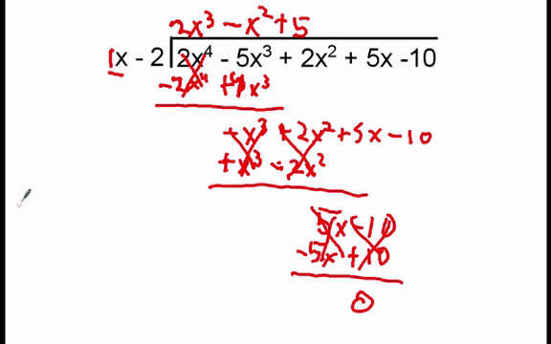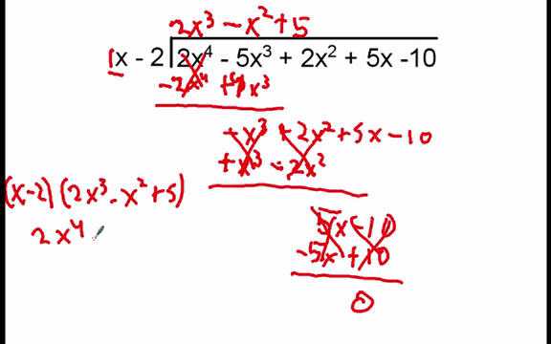All right. So just like the last problem, I can check my work by multiplying. So I say x minus 2 times 2x cubed minus x squared plus 5. So we do our multiplying. X times 2x cubed is 2x to the fourth.